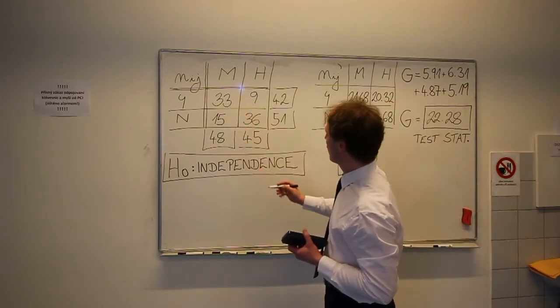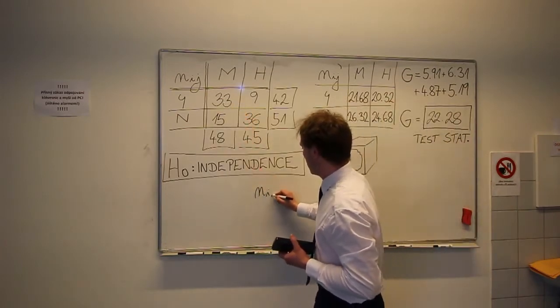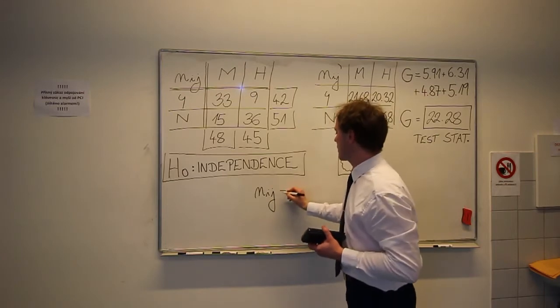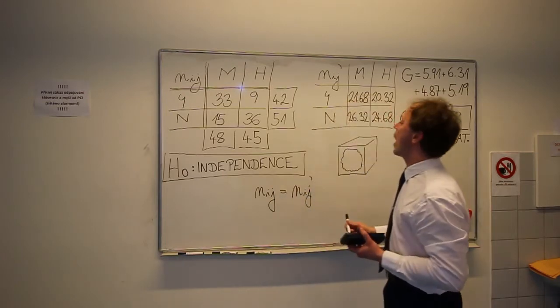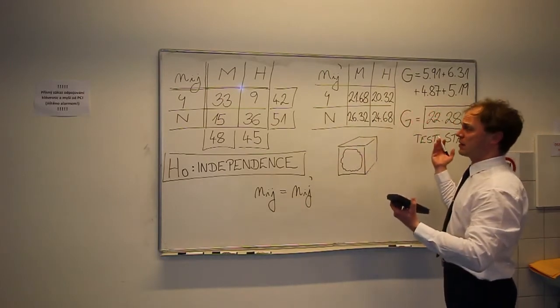If n_ej is equal to n_ej with stripe, it's independent, yes?